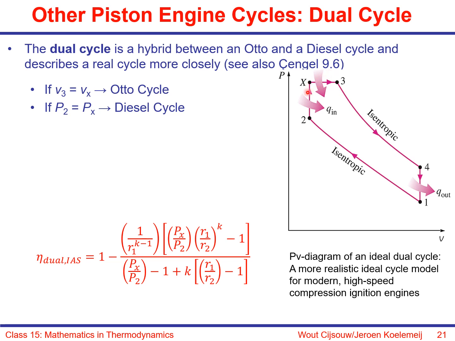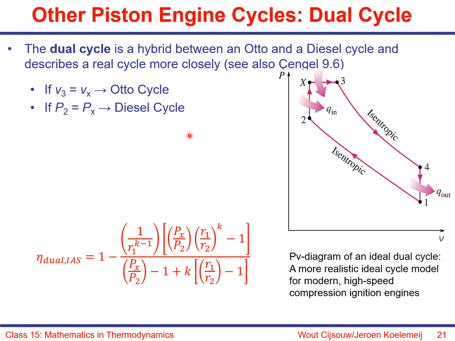Because if I place, for example, my volume 3 at the value of volume X, this basically means that I have to go up this isentropic curve until I reach this spot here, and then I go to point 2. Or as a matter of fact, from state 2 I would go to state 3 up here, and that looks like an Otto cycle.